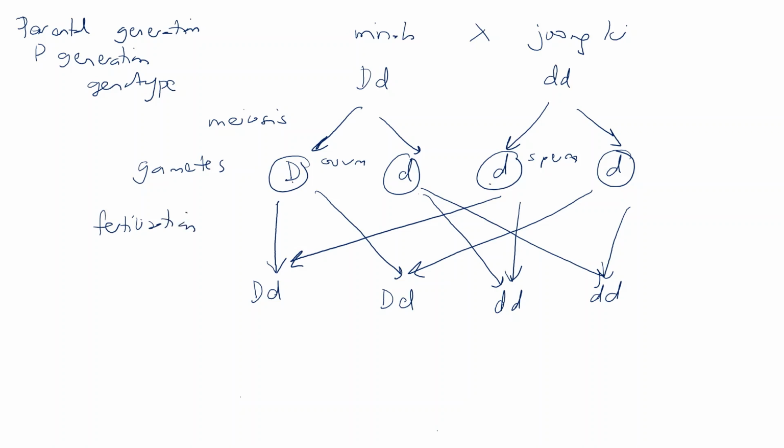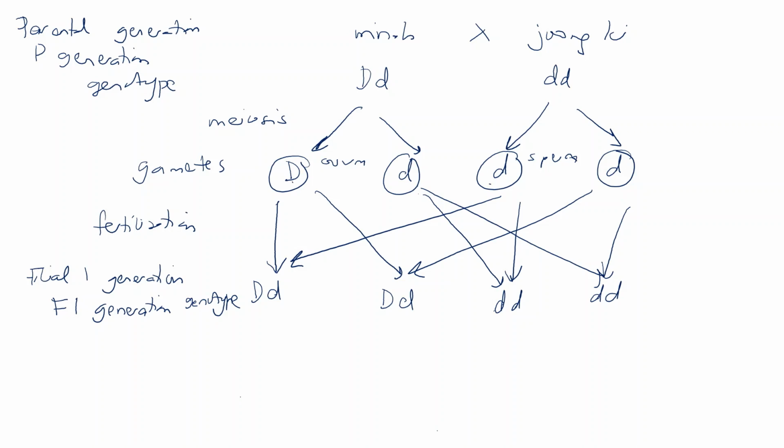Fertilization. These are the offspring genotypes, which we call the filial 1 generation, or F1 generation, the short form for filial 1 generation. So Dd, Dd, dd, dd is the F1 generation genotype.